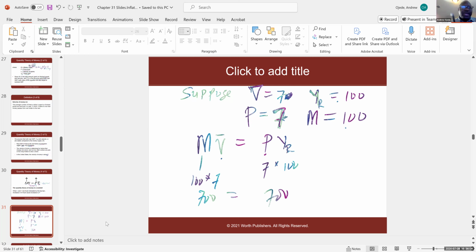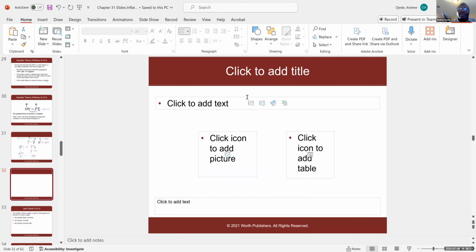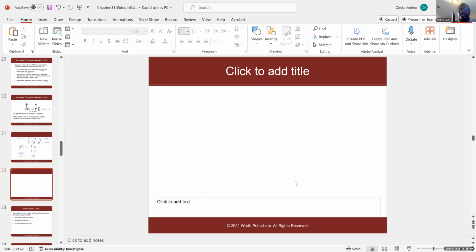Sometimes I may give you three of the four variables and ask you to calculate the other variable. So let's do a couple of examples. Suppose M is 200, P is 4, and V equals 2.